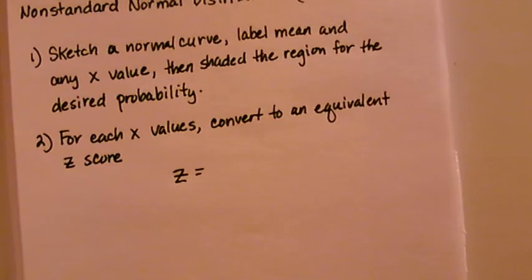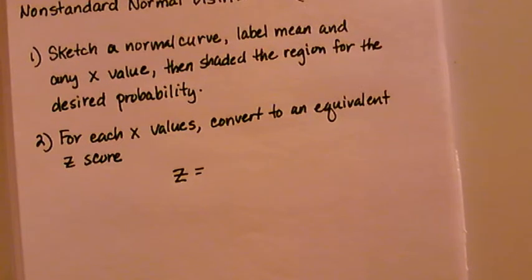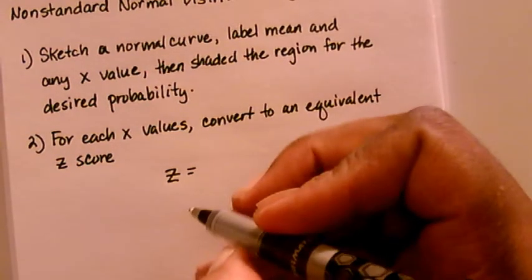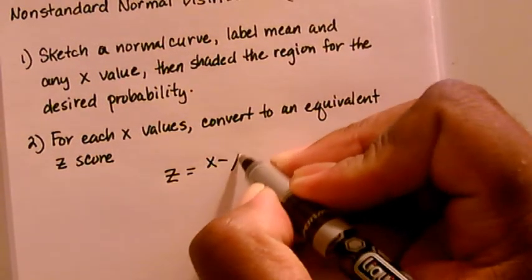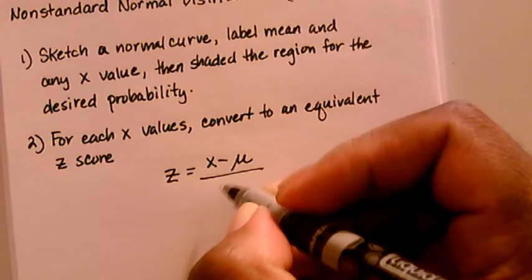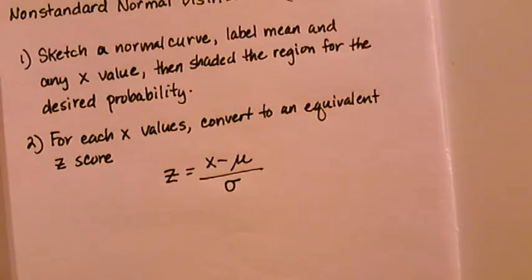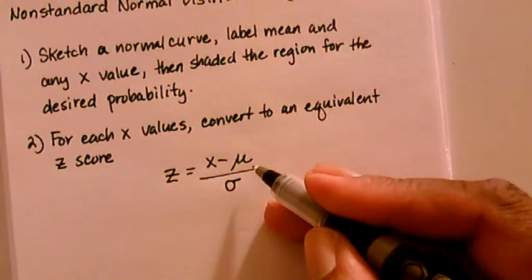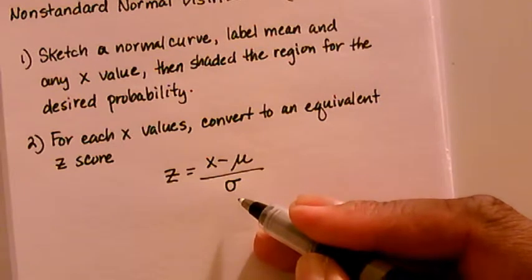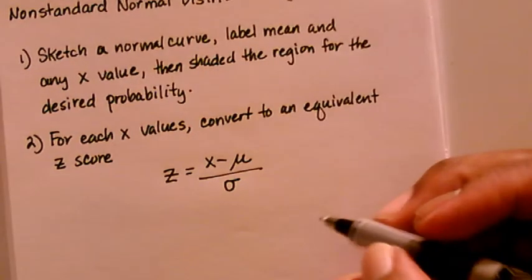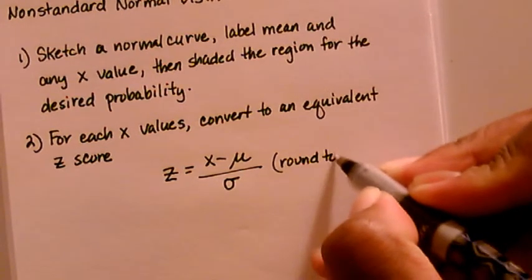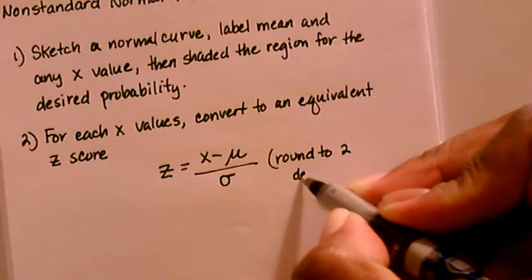Back in chapter 3 we talked about how to convert any x value to a standardized z value, which is x minus mu, the population mean, divided by sigma, the population standard deviation. Mu is the mean, sigma is the standard deviation of a population, and that z value will be rounded to 2 decimal places.